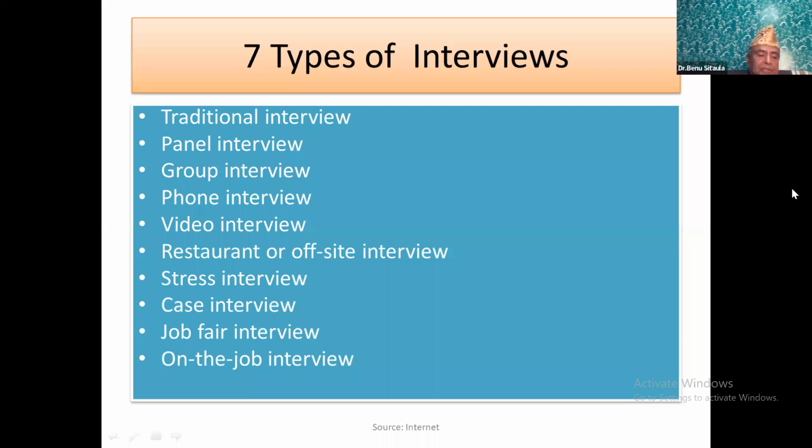Then another type of interview is the phone interview, also known as the telephone interview. A phone interview is often used by hiring managers or recruiters to screen a pool of candidates. During this interview, they may ask you to tell them a little about yourself, then ask you questions about why you applied for the job.